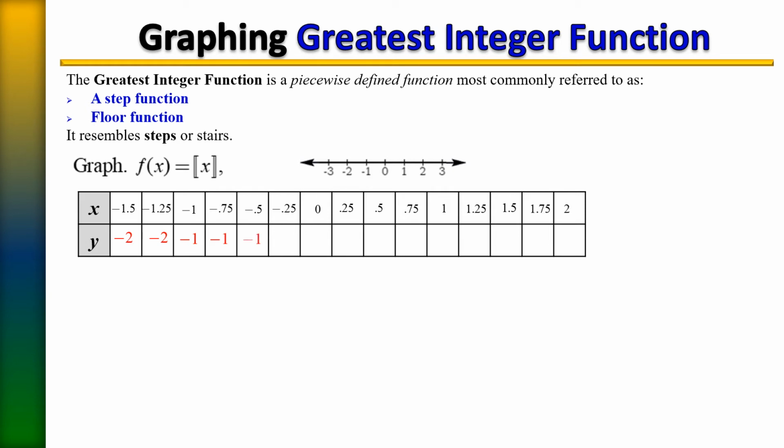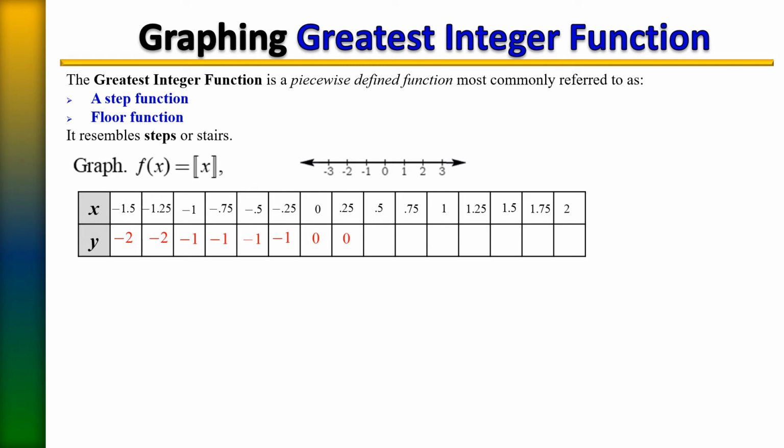That's going to be the case also for negative 0.5, and it's going to continue that way all the way until you get to your next whole integer, and that would be 0. For your integers, the output is equal to that number, 0. It is always less than if it's a decimal. If it's an integer, then it's going to be the same as that.